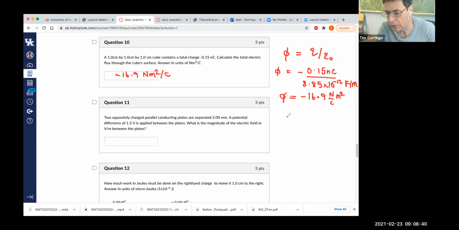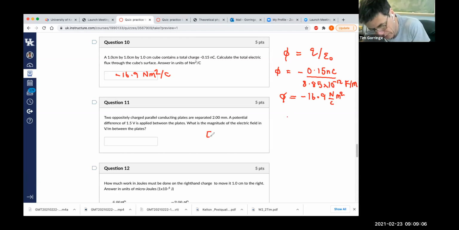Okay, question number 11 says that we have a parallel plate capacitor with a plate separation that's 2 millimeters. And we apply a potential difference, 1.5 volts, between the two plates of the parallel plate capacitor. And we got to calculate the electrical field that exists between the plates of the parallel plate capacitor.